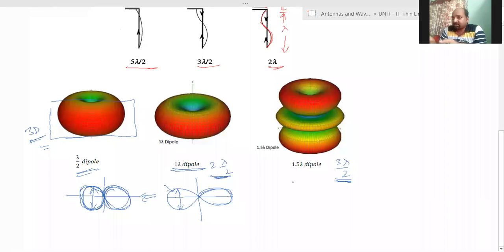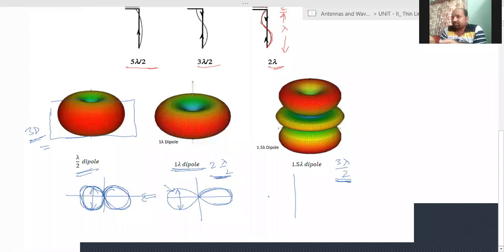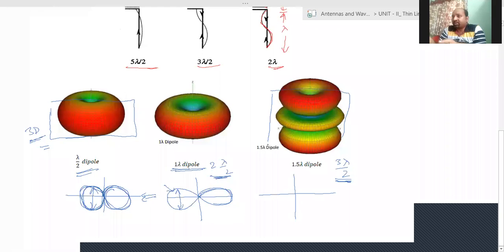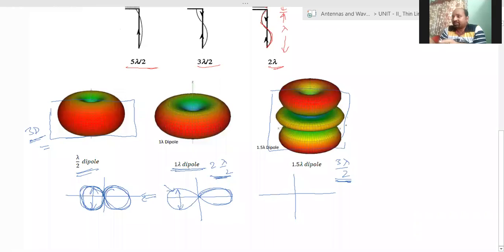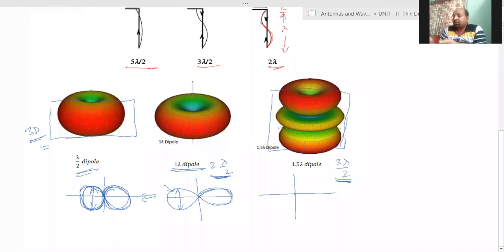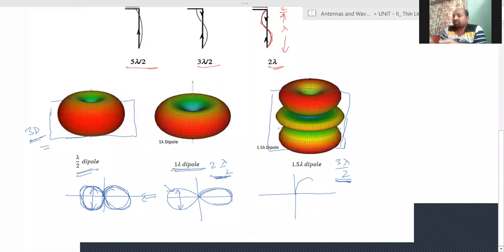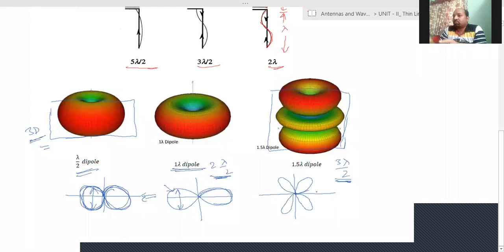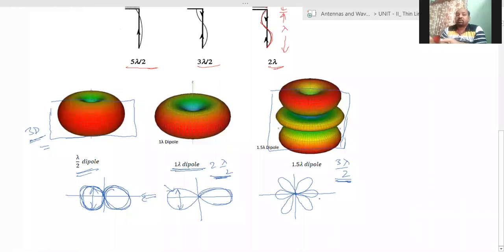So the radiation pattern will be like this, cross sectional. If you insert a plane here, or if you cut here like this by inserting a plane, the radiation pattern looks like this. This is the radiation pattern, the cross section.